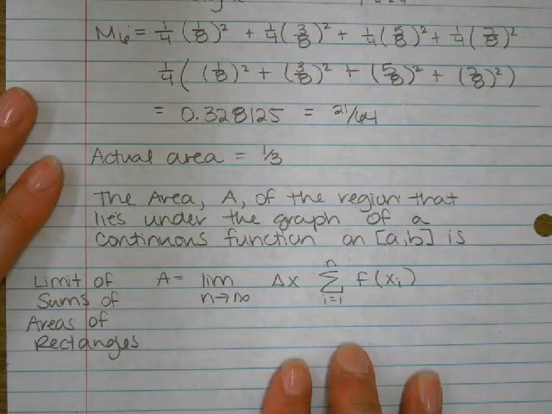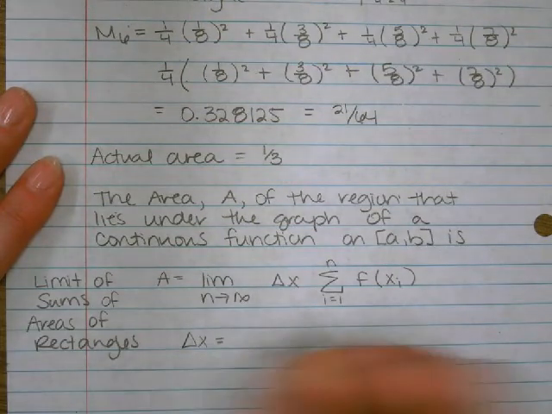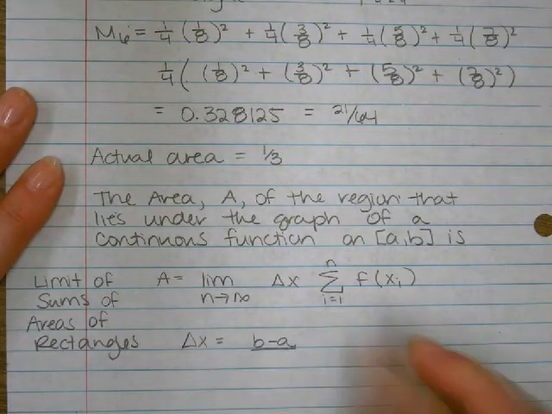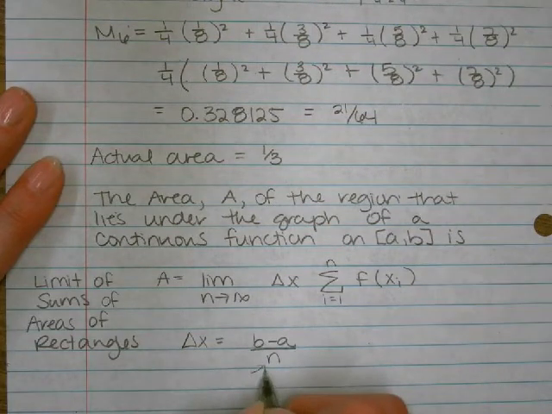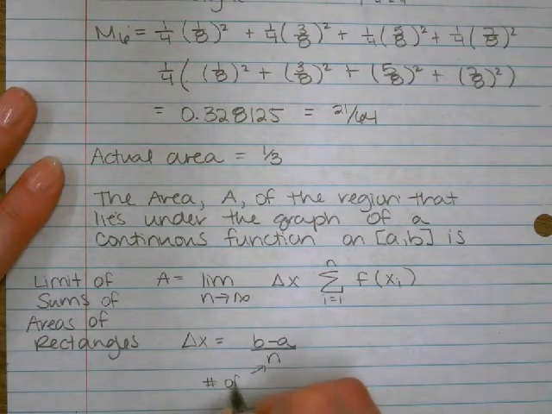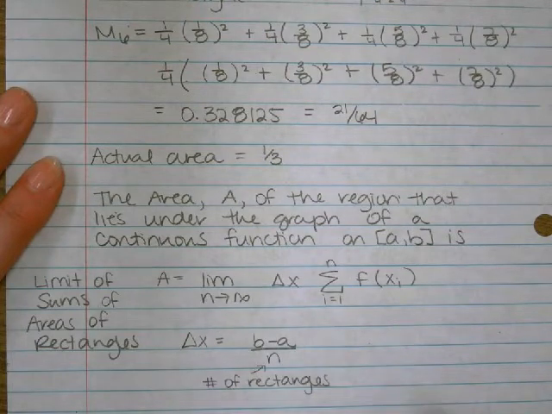Okay, so the way that you figure out what your delta x is, you take your interval and find the distance between the 2 points. So we'll do b minus a divided by n, where n is the number of rectangles.